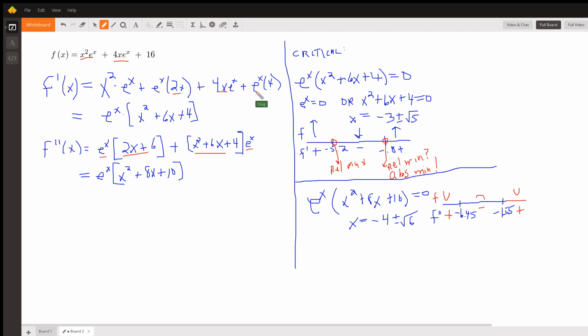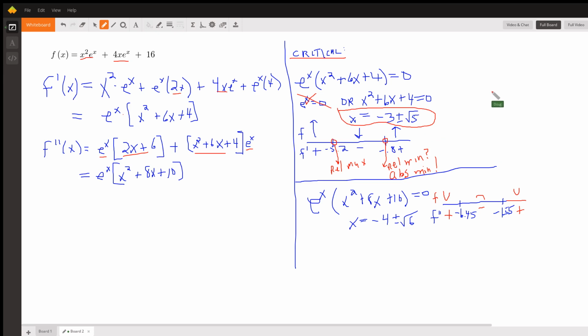Setting the first derivative equal to 0 to find the critical numbers. e to the x equals 0 never happens. No matter what value you put in for x, you'll never get a 0. Or x squared plus 6x plus 4 equals 0. And you can use different techniques to solve for these critical numbers.